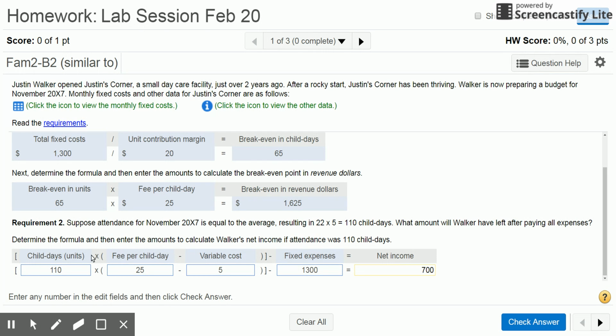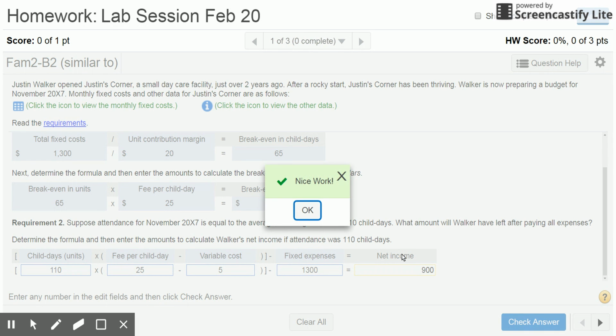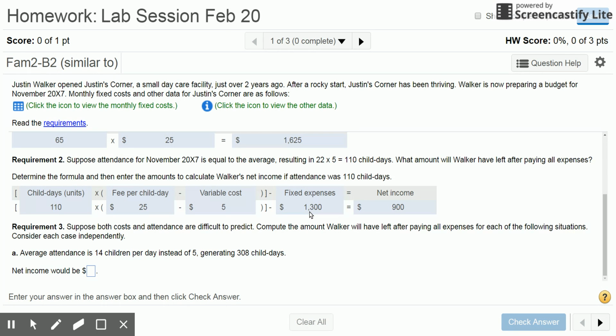Let's see. 110 multiplied by 20. Bring out my calculator. So 110 multiplied by 20 minus 1300, it will be 900 as income. Yes.